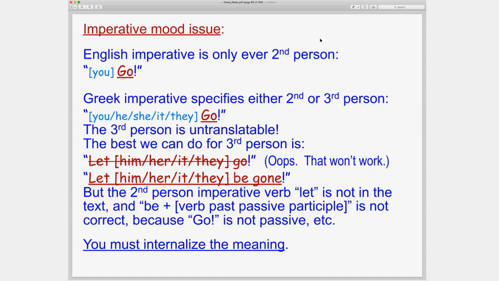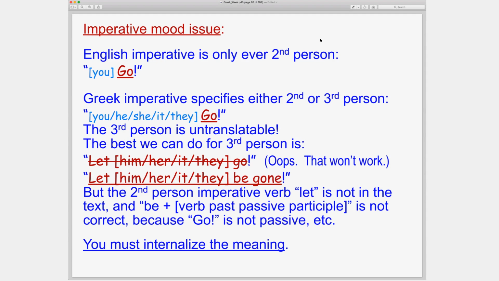Now, the third person is untranslatable. The best we can do for the third person is something like, well, okay, let him go. Oops, that won't work. It sounds like he's captive or something like that, and you want him to be released. Okay, that's not going to work. So let's try, let him be gone. Okay, that's better, but the second person imperative verb let is not in the text.